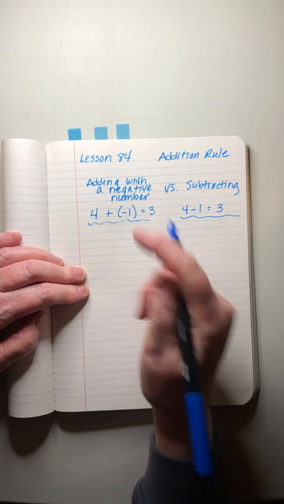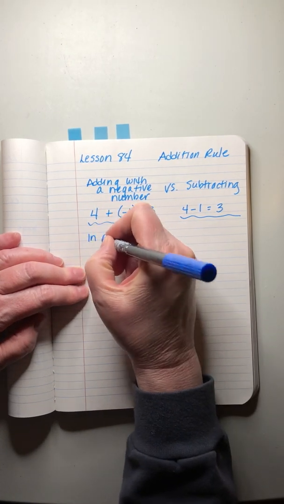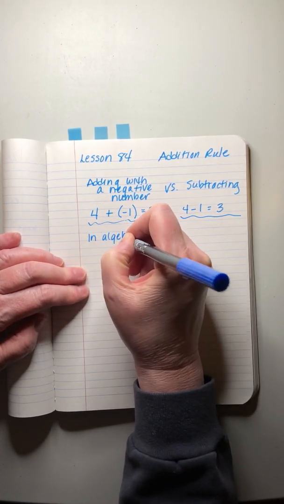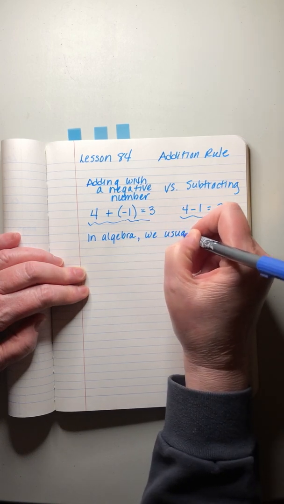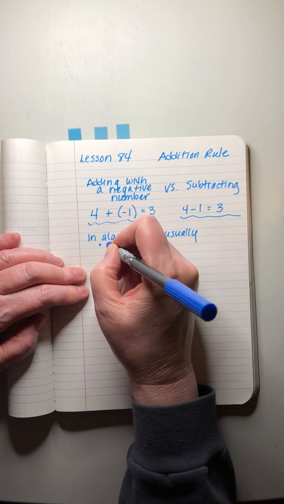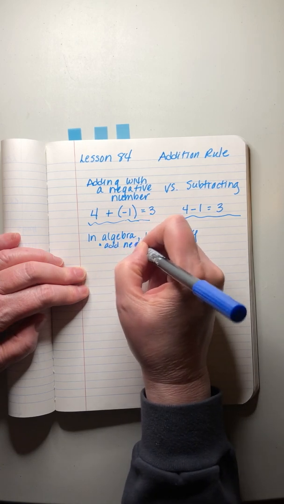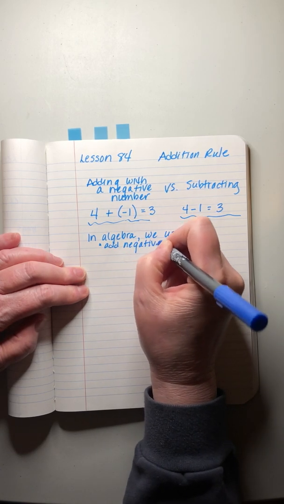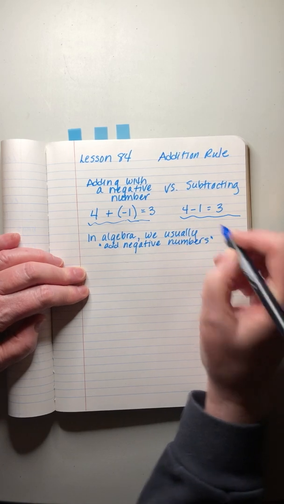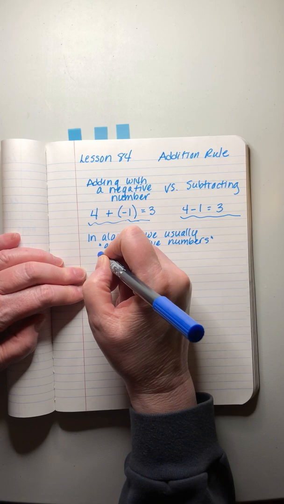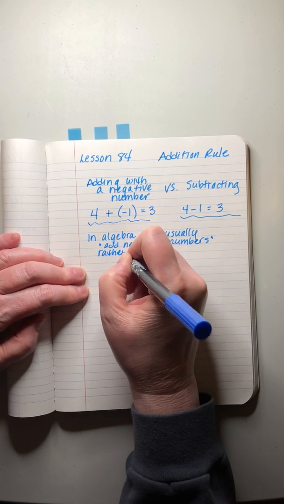So what that means is that in the world of algebra, we usually add negative numbers rather than subtract.